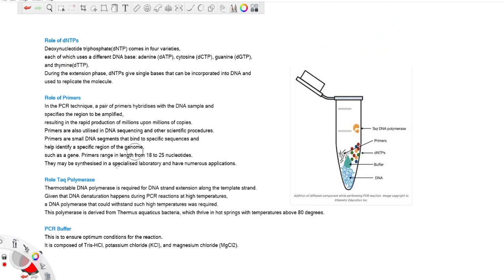Next is the role of primers. Primers are quite crucial, and they play an indispensable role when it comes to this elongation, because what we're going to notice is that they hybridize with the DNA sample and specify the region that we need to amplify. So in this gene that we have, again like this, I'm going to re-represent this. This gene could have a region that starts like this and so forth. Now when we add these primers, what they do is bind somewhere around the beginning of the region of interest.